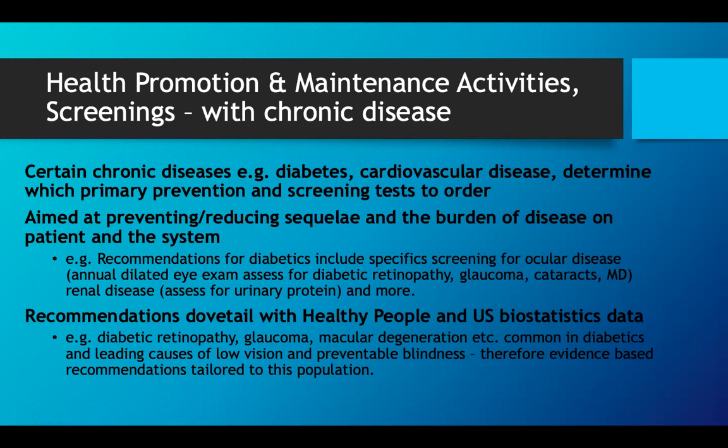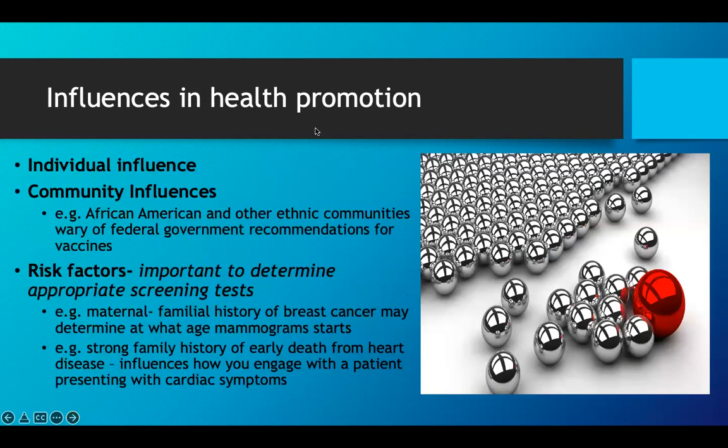And then, recommendations dovetail with healthy people and US biostatistics data. For example, diabetic retinopathy, glaucoma, and macular degeneration are all common in diabetics and leading causes of low vision and preventable blindness. Therefore, evidence-based recommendations are tailored to this particular population in terms of eye exams and what the insurance will cover in terms of preventative visits and screening visits, I should say.